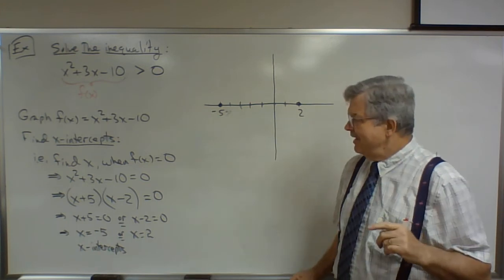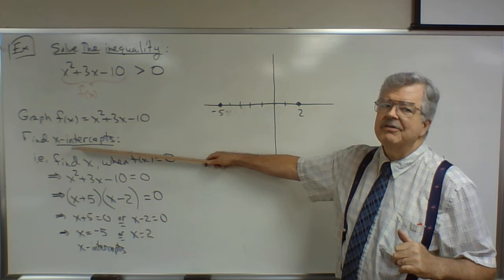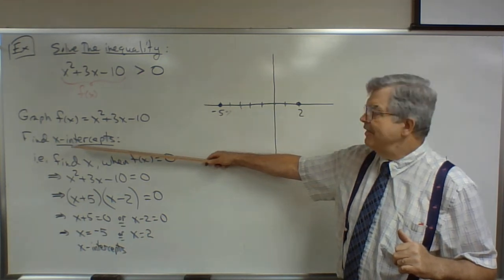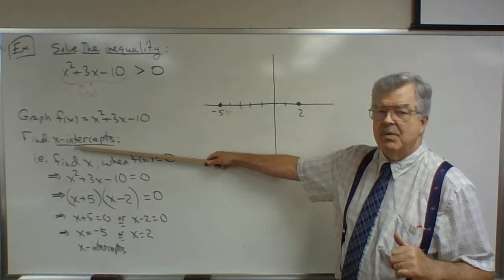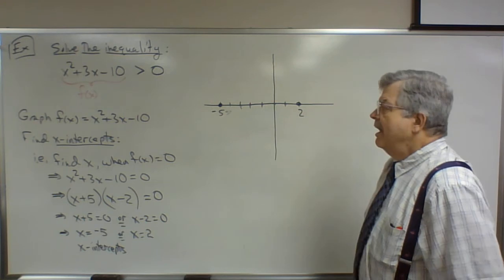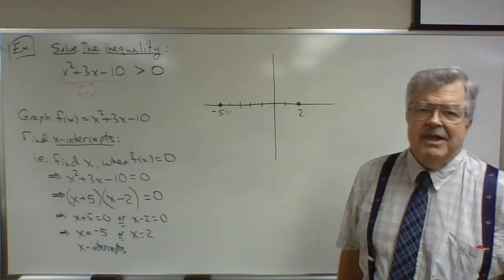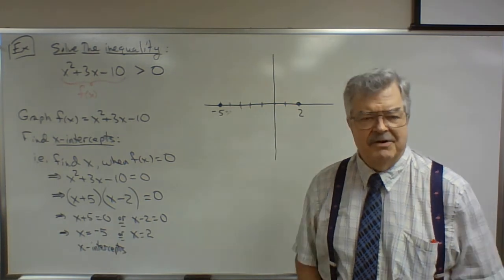That's why when we started out, we went right for the x-intercepts. These were the important things in doing an inequality for a quadratic function. Now, the next thing that I want to do, I want to find the vertex.